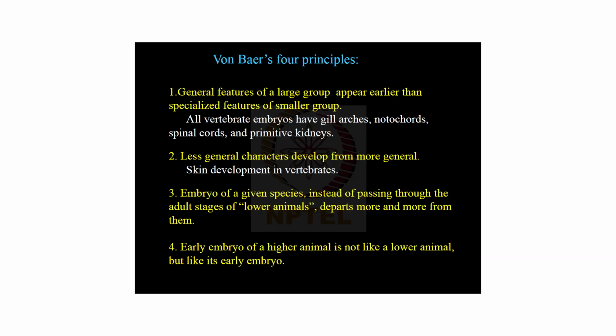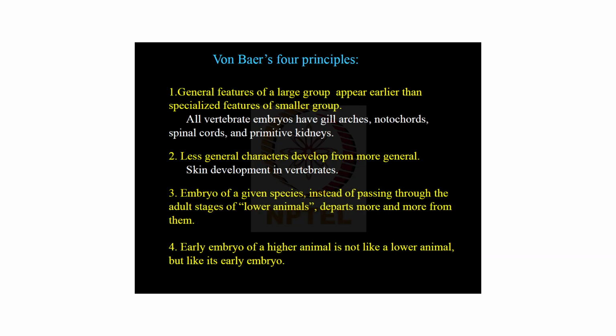But after a particular stage of development, the specialized features of a particular smaller group will start appearing. The generalized features of a large group of organisms in which the initial developmental stages are the same will appear earlier. The specialized structures of a particular organism from that large group will start appearing later.